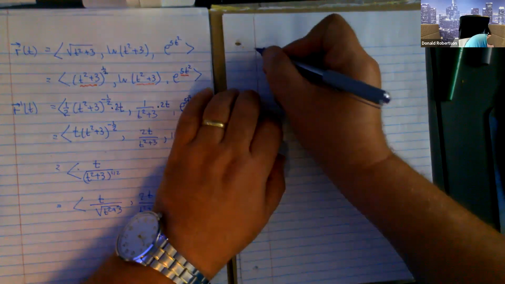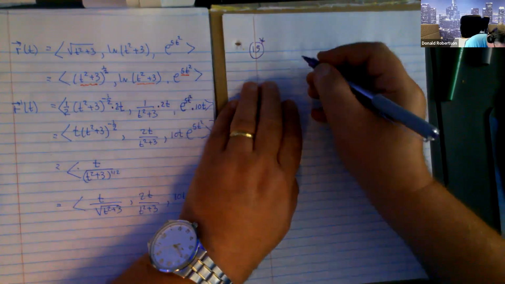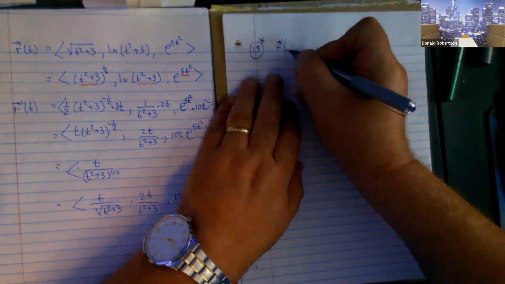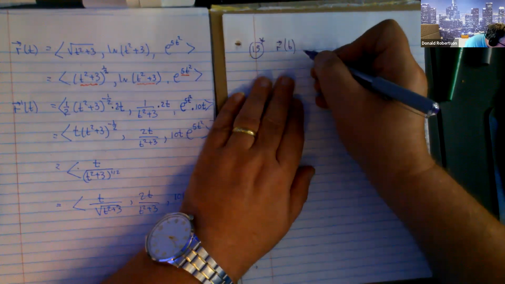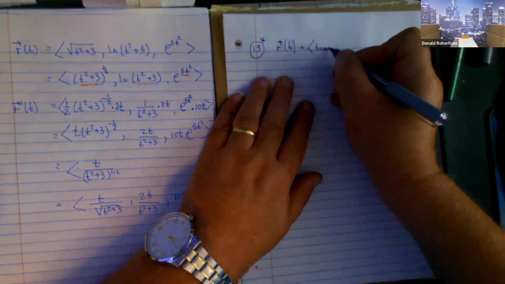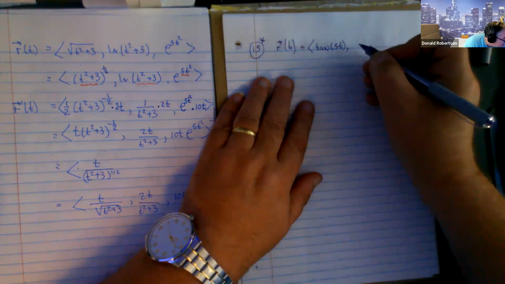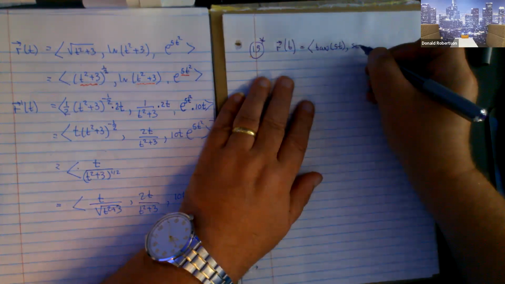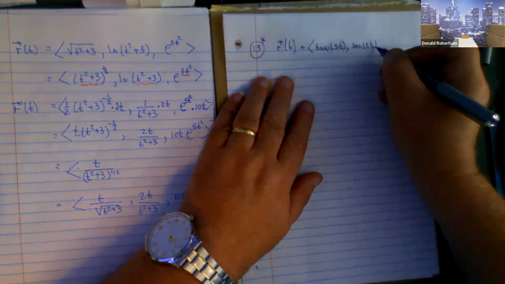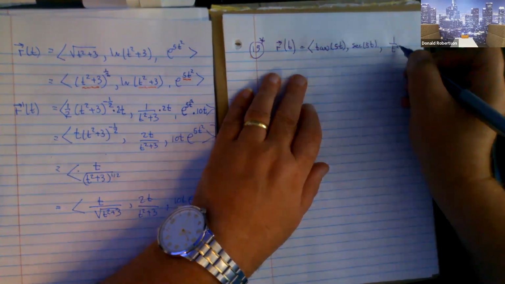Okay, and this one is actually straight out of homework. It's a version of equation 15. The space curve is the tangent of 5t, comma, the secant of 8t, comma, and 1 over t to the 4.